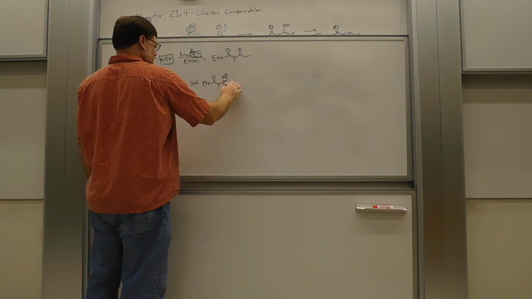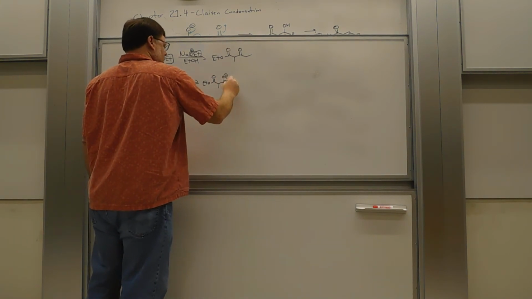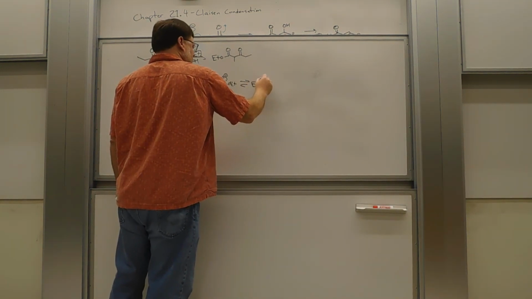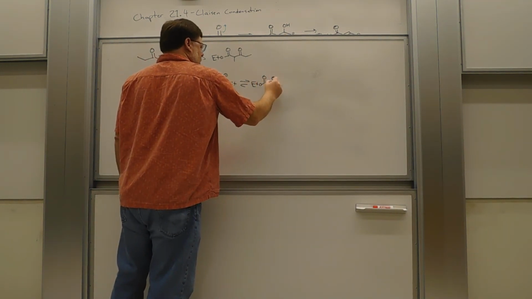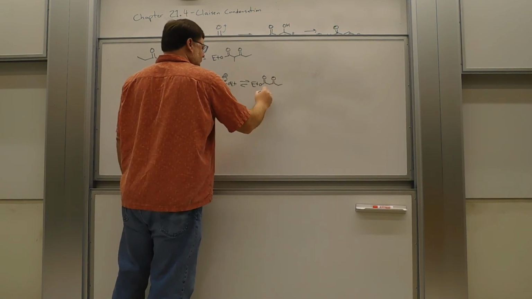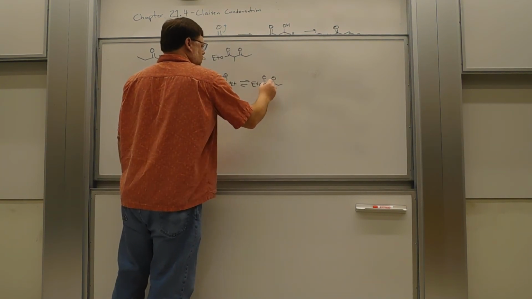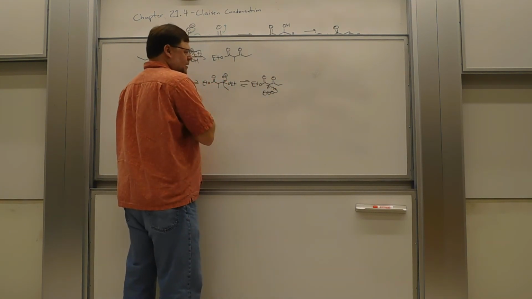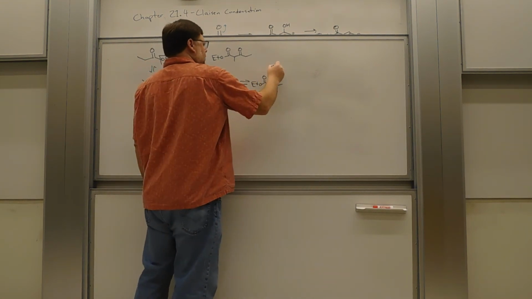Kick out, why do I have R there? R is not R, R is ethyl. Kick out. So there, very transiently, we have what we want. But then it takes the proton from that really acidic position between the carbonyls.